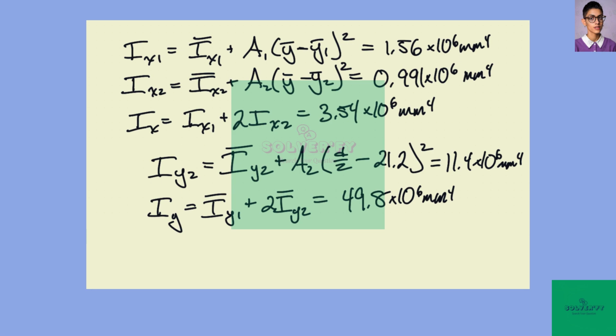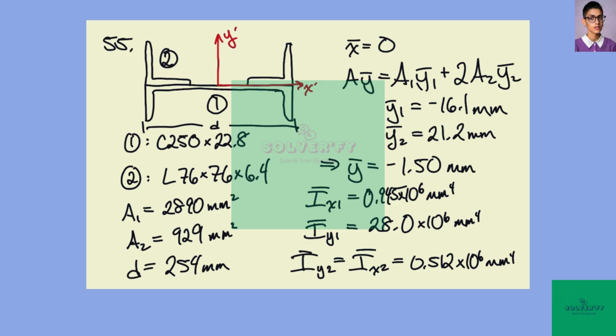And now we know that the area moment of the C channel about the centroidal y-axis is the same as the area moment about the C channel's centroidal y-axis.